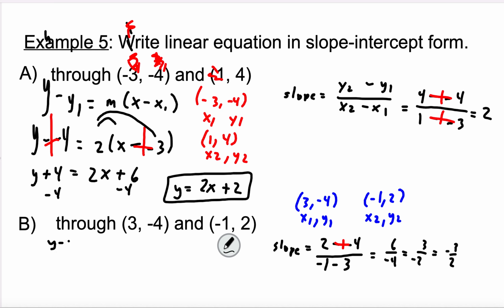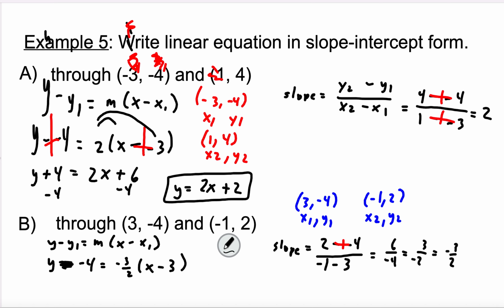So y minus y1 equals m times x minus x1. So my y1 there being negative 4, and my slope there being negative 3 halves, my x1 there being 3.